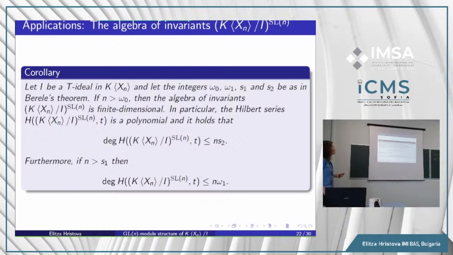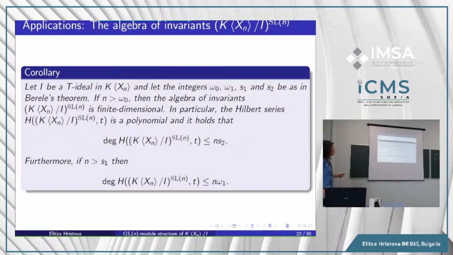If you remember, this was the arm of the partition, this was the leg of the partition, and these two integers gave the dimensions of the rectangle in the middle. The statement is that for any T-ideal, if n is greater than omega_0, then the algebra of SL_N invariants is finite dimensional. And for the Hilbert series, we get an explicit bound on the degree.